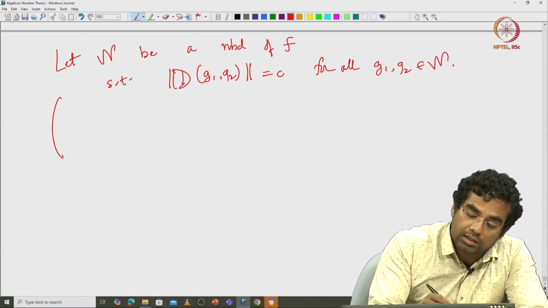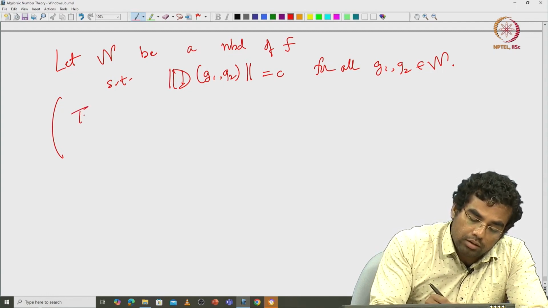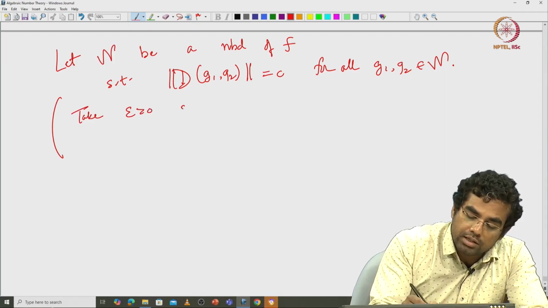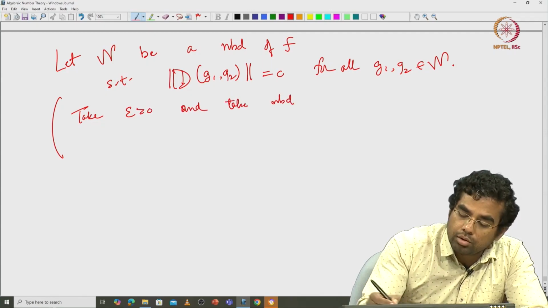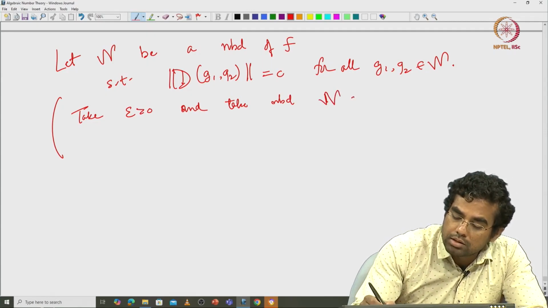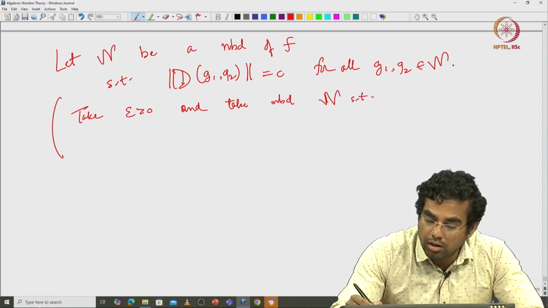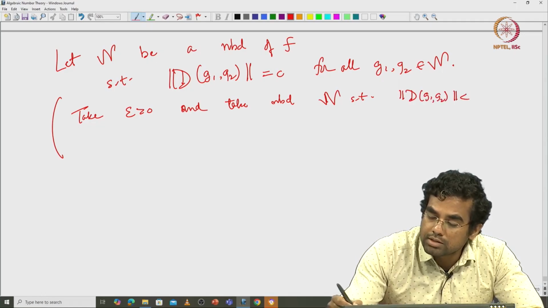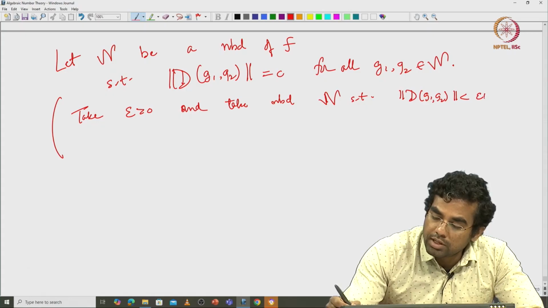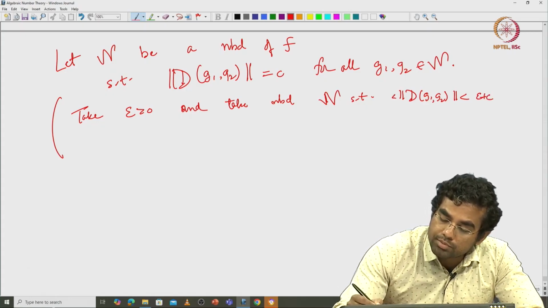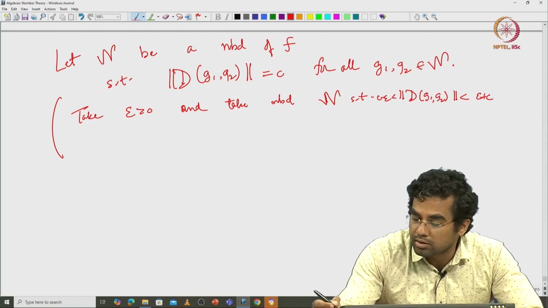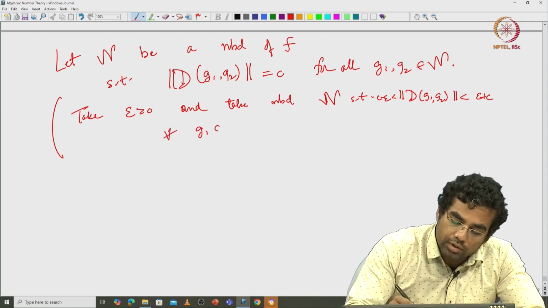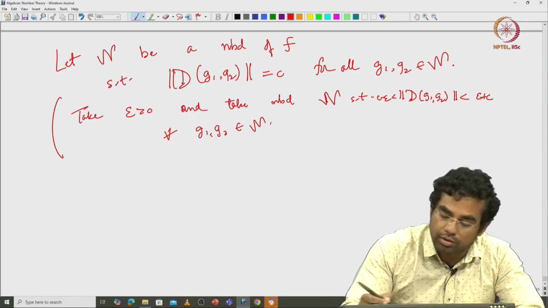You can always take epsilon greater than 0 and take a neighborhood N such that the valuation of d of G1 comma G2 is less than C plus epsilon and bigger than C minus epsilon for all G1 and G2 in this neighborhood, right.